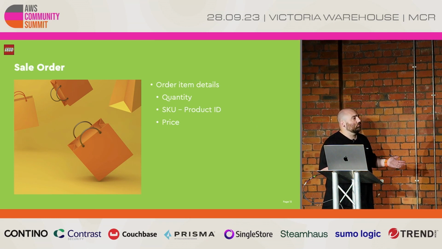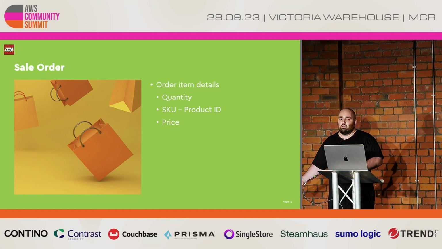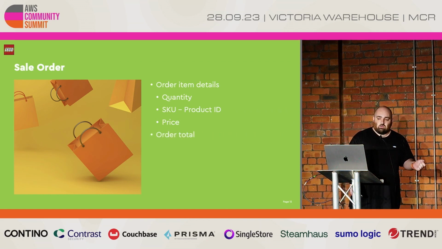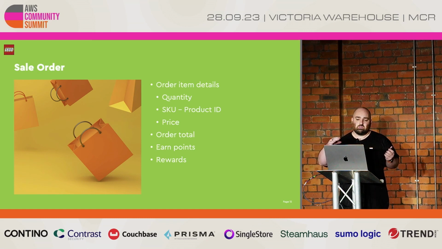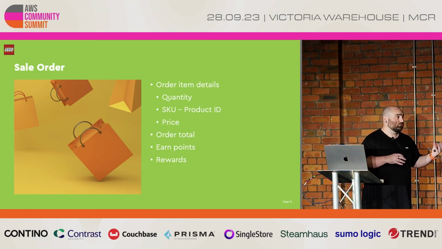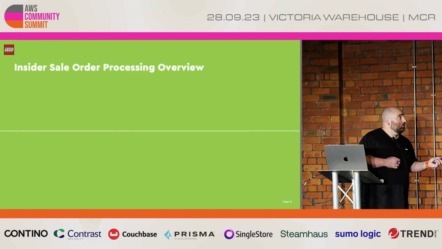The price is needed to work out things like how many points they might earn. The order total also factors into the points they earn. And rewards as well, if there's anything that needs to be considered in terms of how the points are earned or if points are being spent.